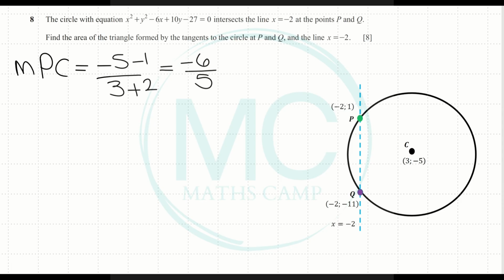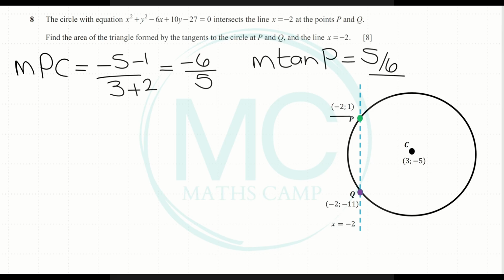The tangent is perpendicular to the radius. So to find the equation of the tangent, all I need to do is turn the fraction upside down and change the sign, which means the gradient of tangent P must be positive 5 over 6. Now I've got a gradient and the coordinates of one point.